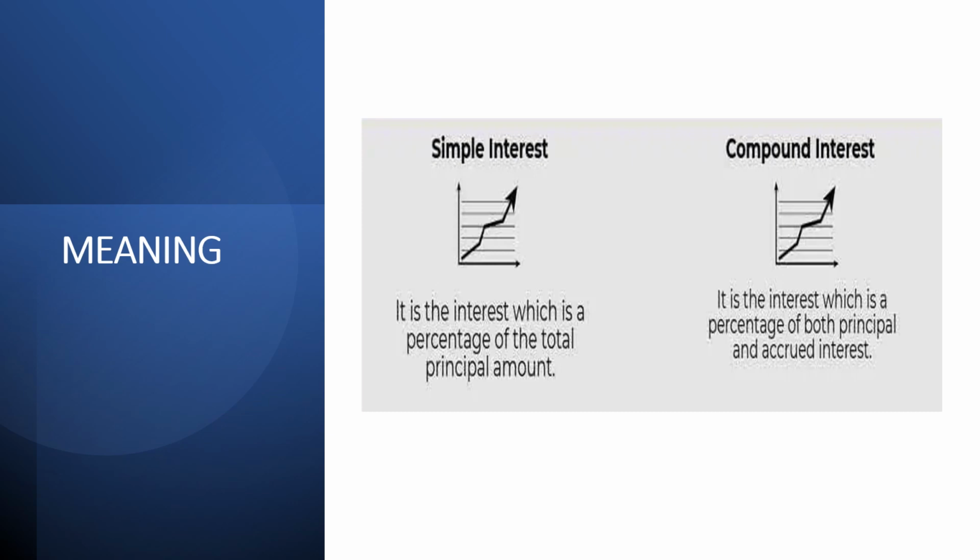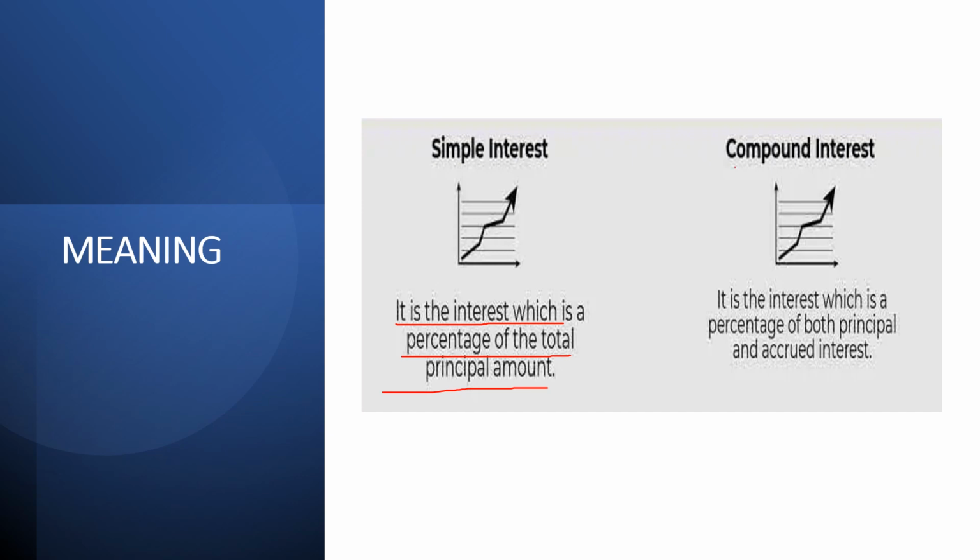So for the meaning of simple and compound interest, your simple interest is the interest which is a percentage of the total principal amount. Meaning to say, in each term of the payment, there is no such thing as an increase in the principal.